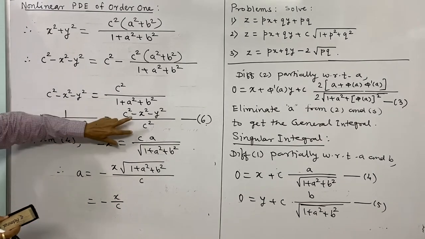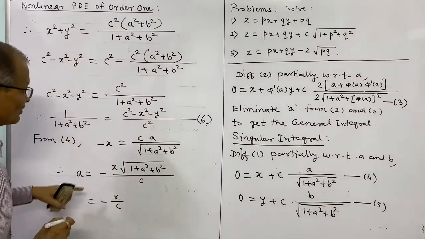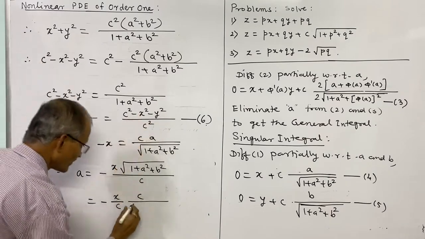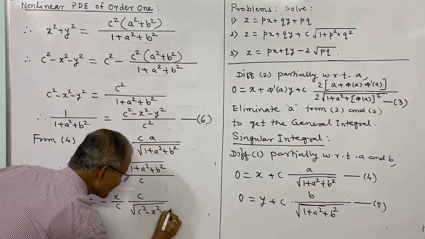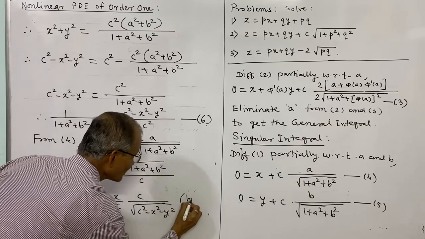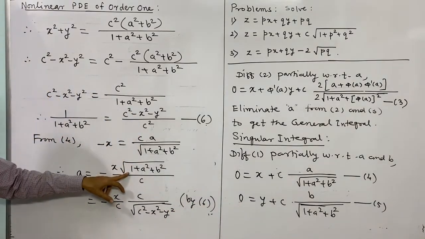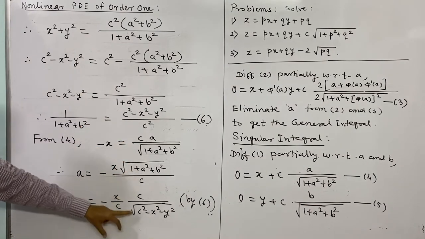Taking the reciprocal means this interchanges, and then take the root, and therefore that value will be c divided by root of c square minus x square minus y square, by 6. We should verify this from 6, taking the reciprocal and taking the root and putting this value here.